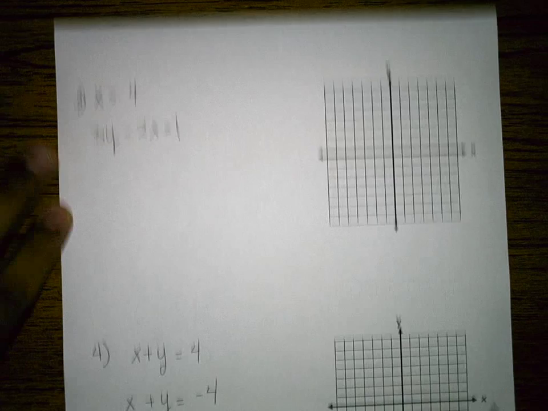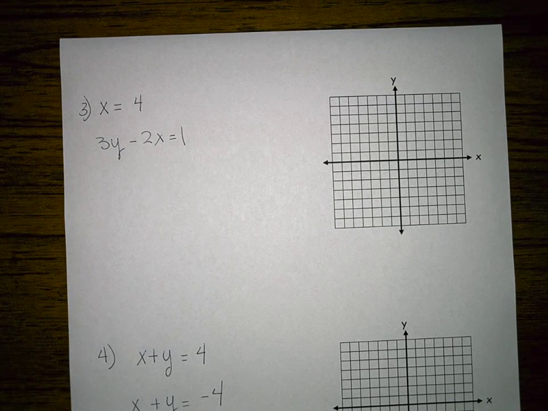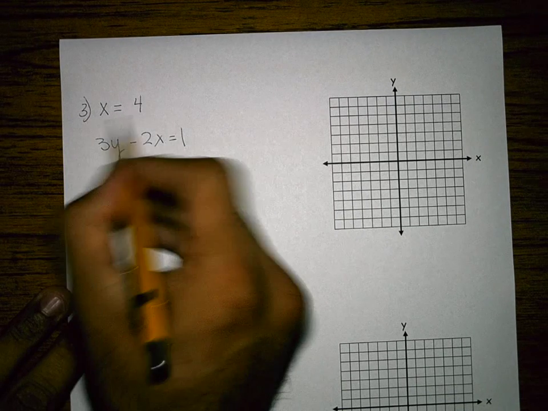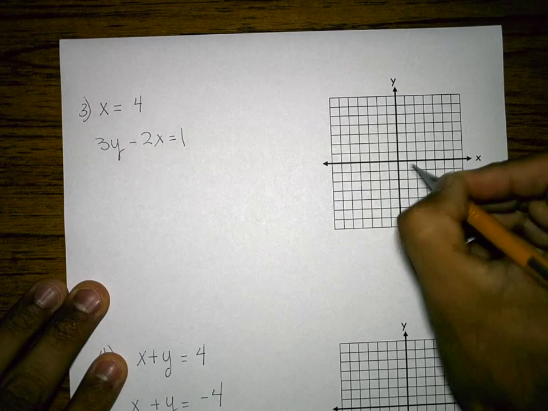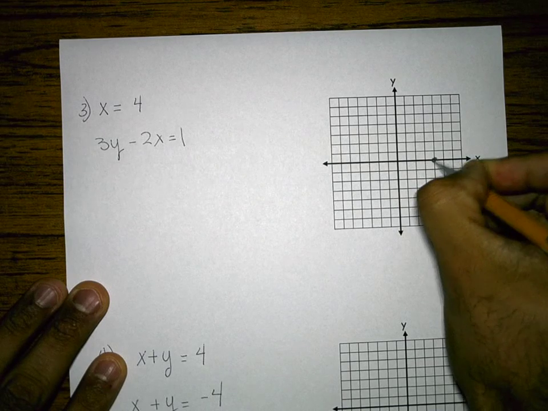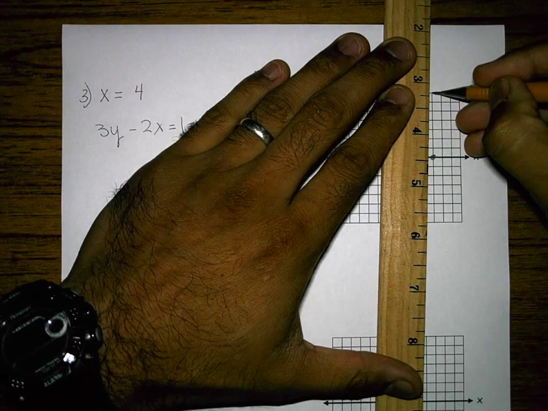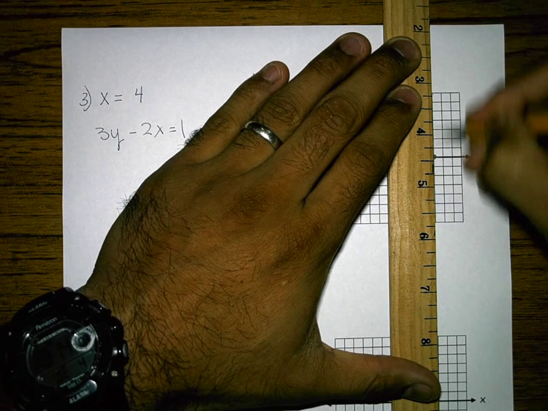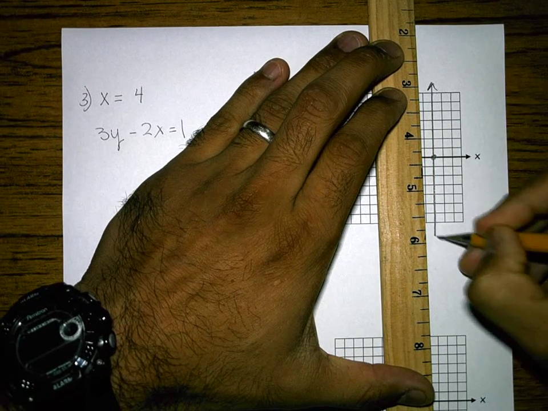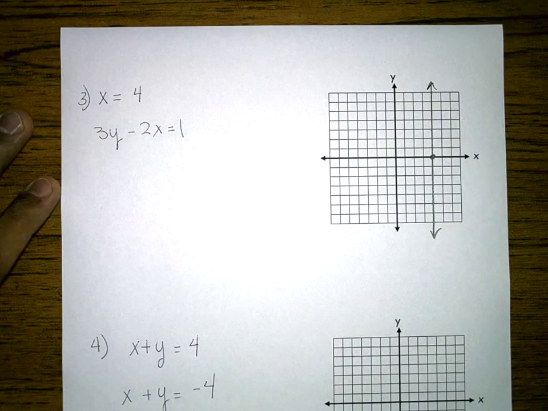All right, let's graph two more. Looking at this one, it's already ready to graph. I'll just graph that. It's 1, 2, 3, 4. And remember, for x equals, it's really contrary to what you think, but those go up and down. They all have the same x value, and that puts points on top of each other, making a vertical line.